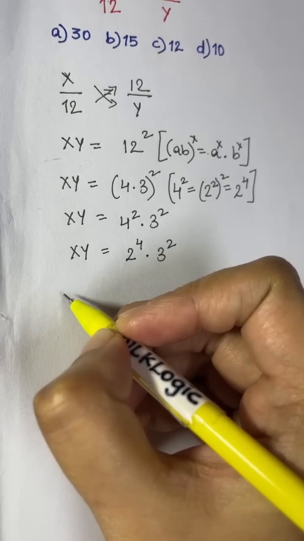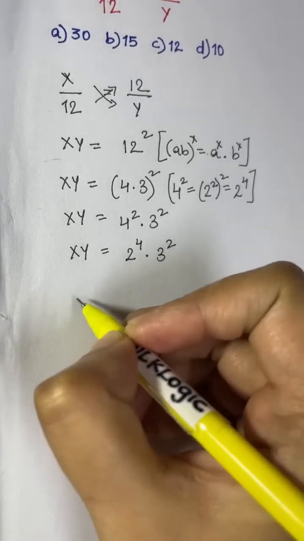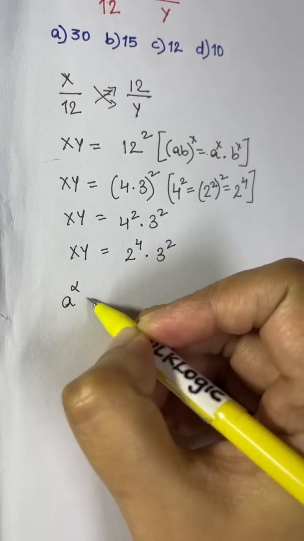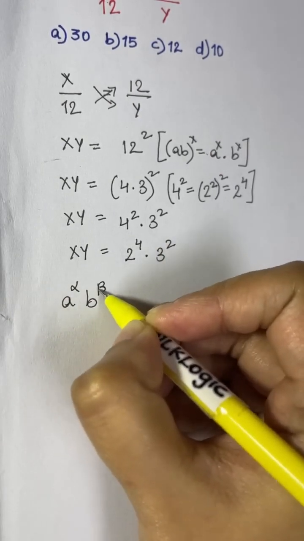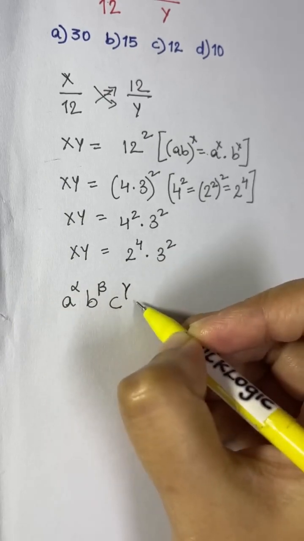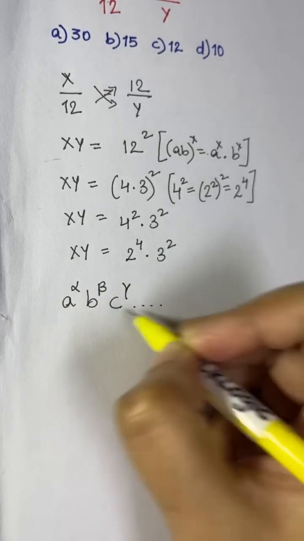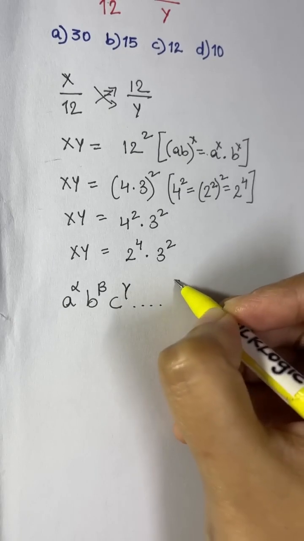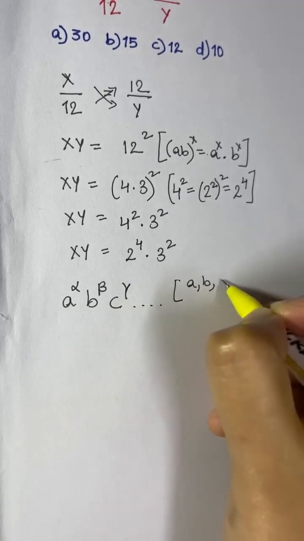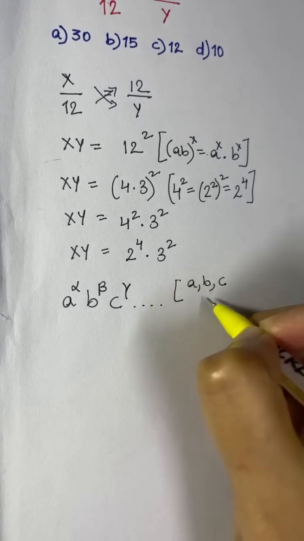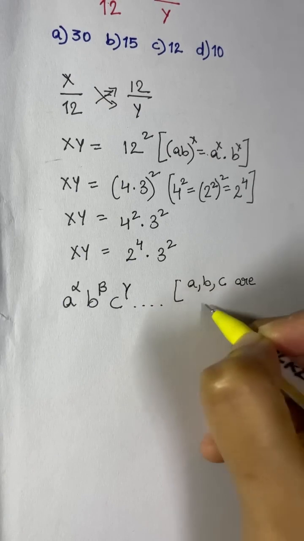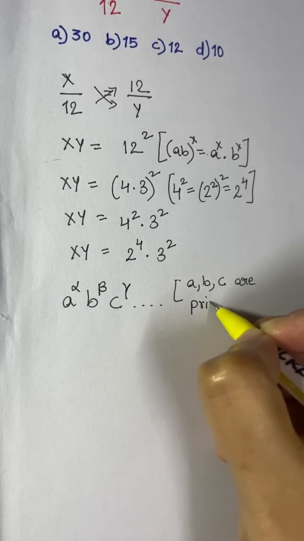You just have to remember this: a to the power of alpha, b to the power of beta, c to the power of gamma, and so on, where a, b, c are prime numbers.